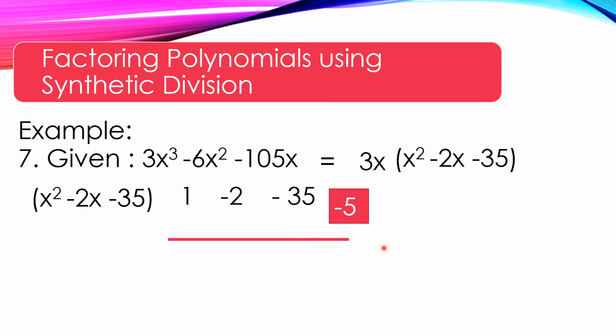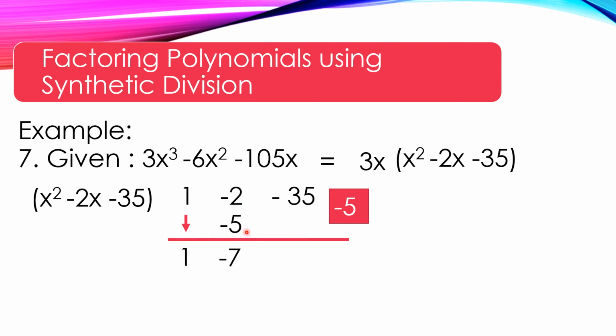So, using synthetic division, we just draw a long line and then bring down the first term, to be put on the bottom row. Then, all the numbers on the bottom row will be multiplied by our multiplier, negative 5. So, 1 times negative 5, that is negative 5. Then add the first and the second row.